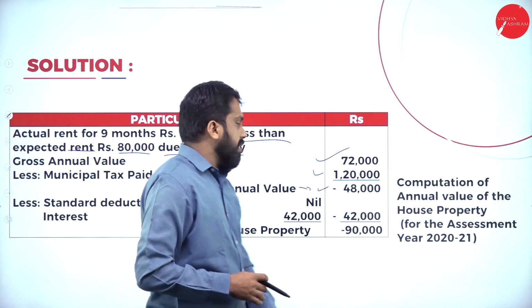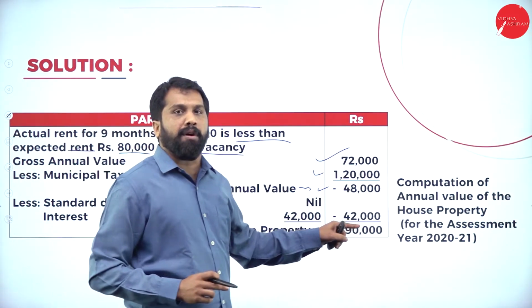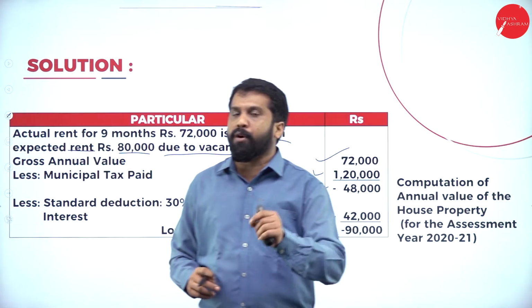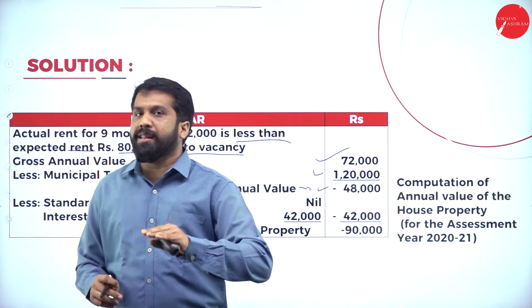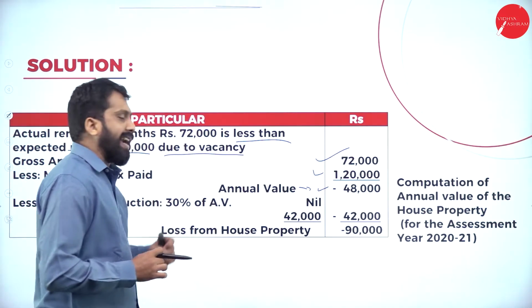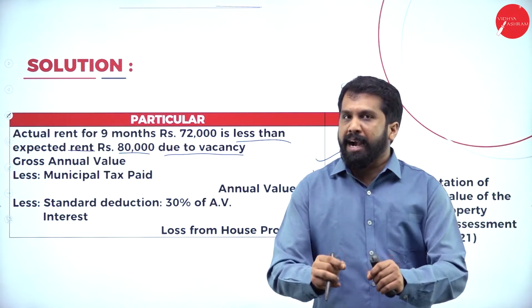Should we calculate 30% standard deduction? No. Whenever you are in profit, whenever you have income, then only you should go for it. If you are under loss, then you are not supposed to go for the standard deduction of 30%. Hope you understood.